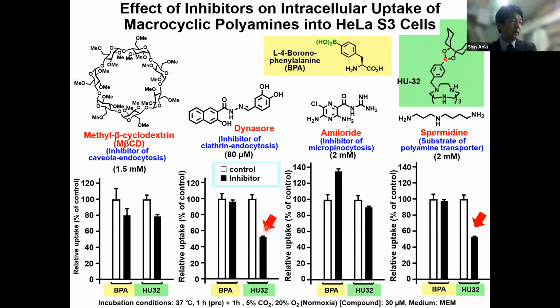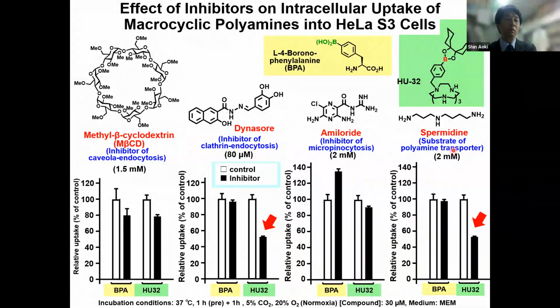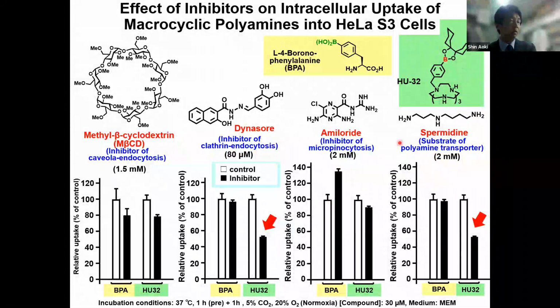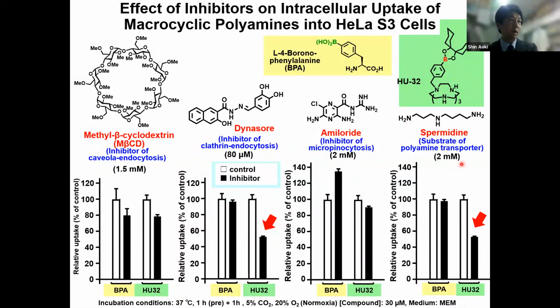As suggested by these red arrows, the inhibitor of clathrin endocytosis and the polyamine compound, which is a competitor of the polyamine transporter, inhibit the intracellular uptake of Hu32, this compound. Therefore, it was suggested that this compound is transported into the cancer cells by polyamine transporter and clathrin-based endocytosis.